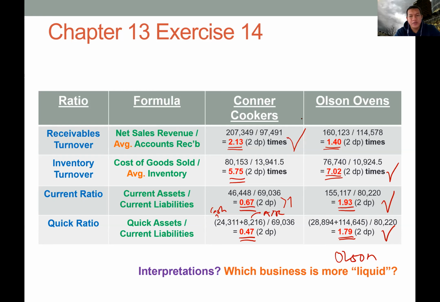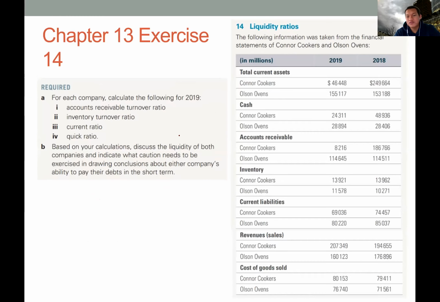So we have a problem with the receivable turnover, which is basically net sales divided by the average account receivable. If we go back to the questions, for sales we cannot do anything. Sales is given, but if you look at the account receivable of Kanner, initially the company had 186,000 in the beginning of the accounting year, and in the end of the accounting year they have only 8,000.